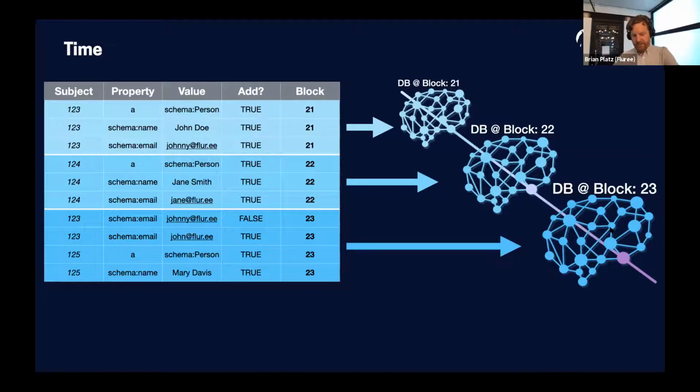And in Fluree terminology, this whole thing isn't just a database. What we say we do is that we're creating a new immutable database at every update. So we have a database that was created at block 21, a database that was created at block 22, and a database created at block 23.